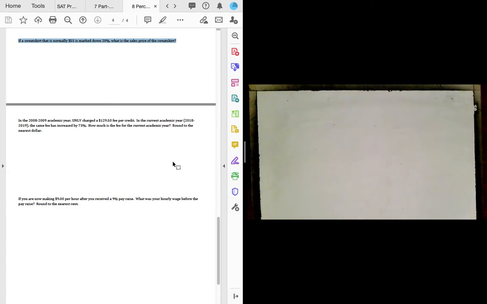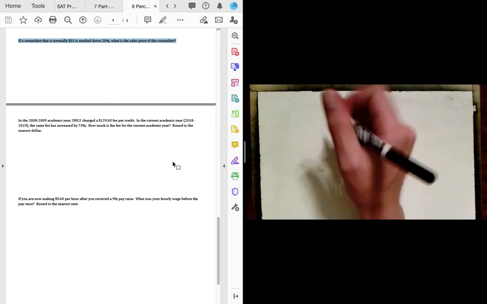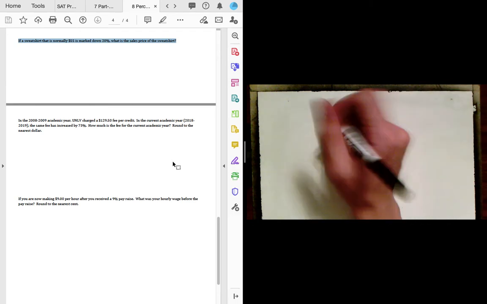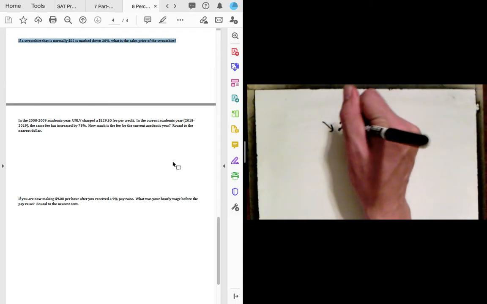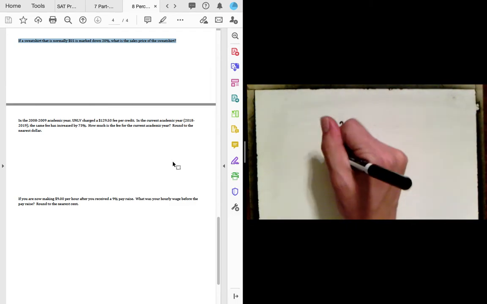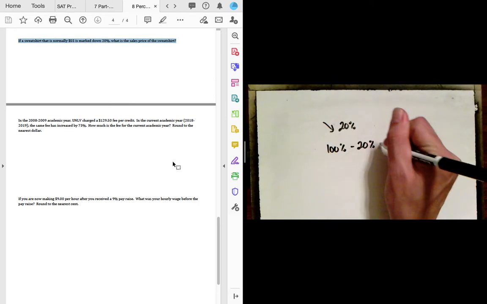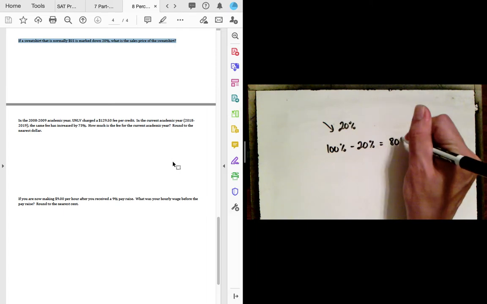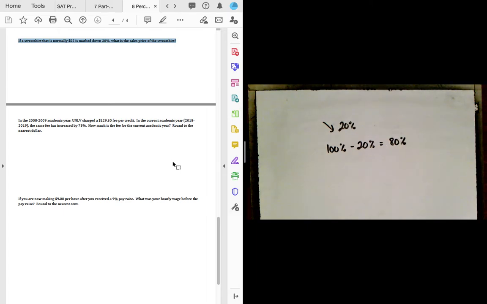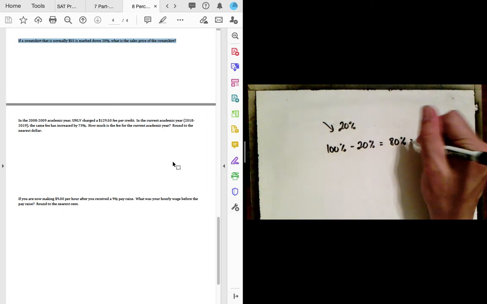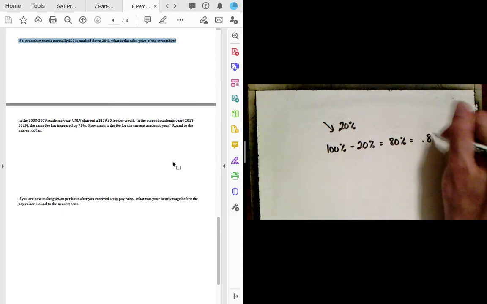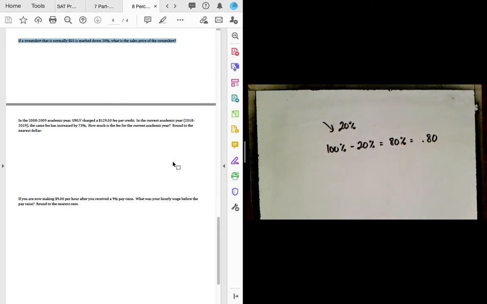What's the sales price of the sweatshirt? Well, we want to first find out how to discount something by 20%. So we know we start with 100%, we're going to subtract 20%, which means if it's 20% off, we're buying it for 80% of the cost. As a decimal, 80% can be thought of as 0.8 or 0.80.